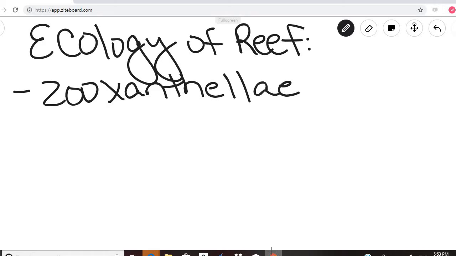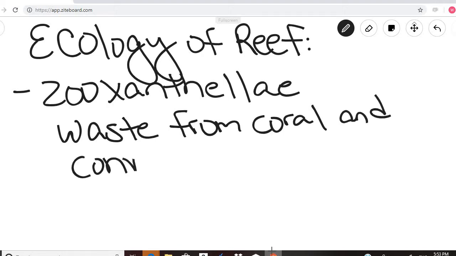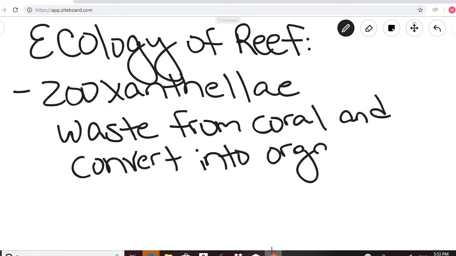They can also take the organic material that the coral can use, or they can take the waste from the coral and convert it into organic material that the coral can use.